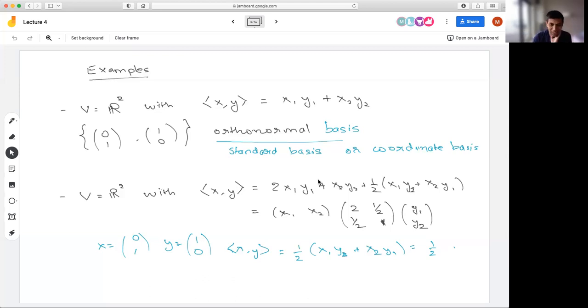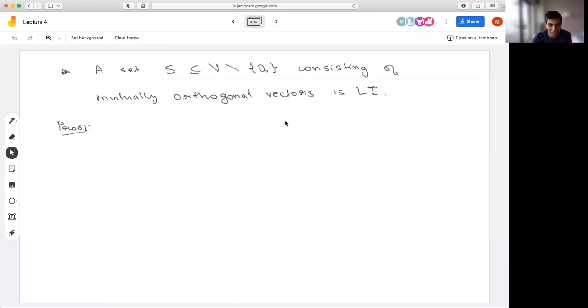In particular, you can start with these two vectors which you know are linearly independent, and there is a simple procedure to compute an orthonormal basis for this space starting with them. We'll get to it. This just illustrates that linear independence is not a property of the inner product, while orthogonality is, and it can change.